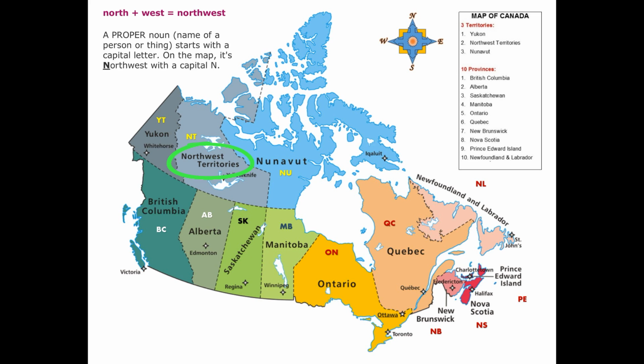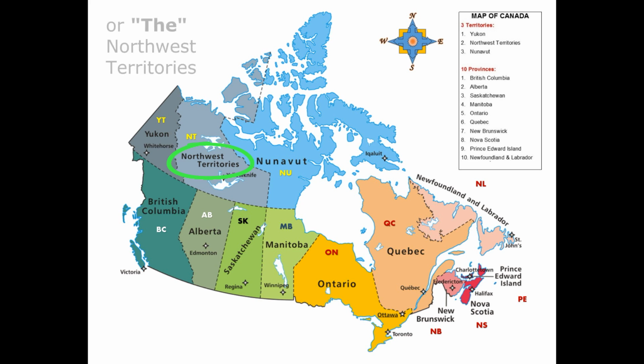Okay, and as with the Yukon, it's also been known as the Northwest Territory, so there could be a definite article for that. And we'll look at the map and see NT as a 2-letter postal abbreviation. Let's say it one more time just for practice. Listen to me. Northwest Territories.